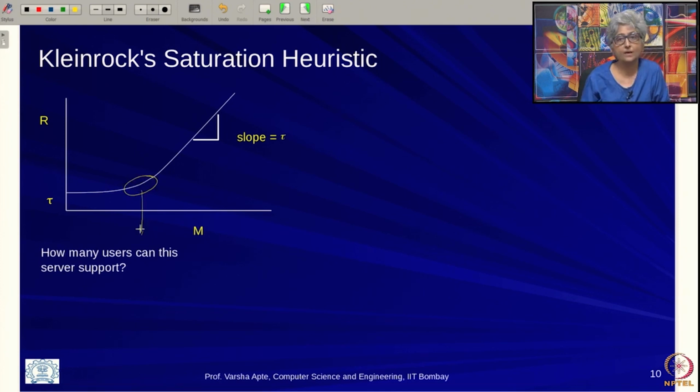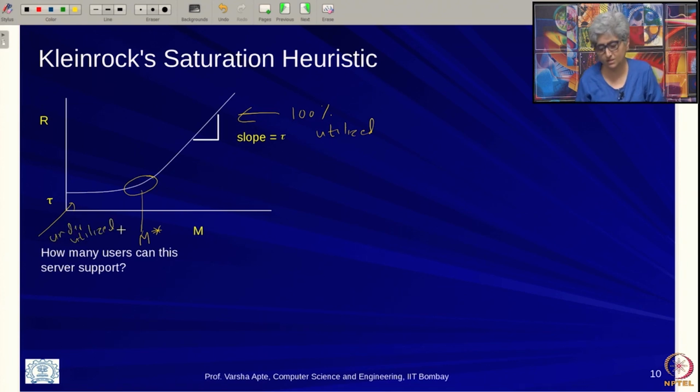This is the number we want and this number is denoted by M star. We do not want to be here because then the system is 100% utilized. We do not want to be here also because this means the system is underutilized.